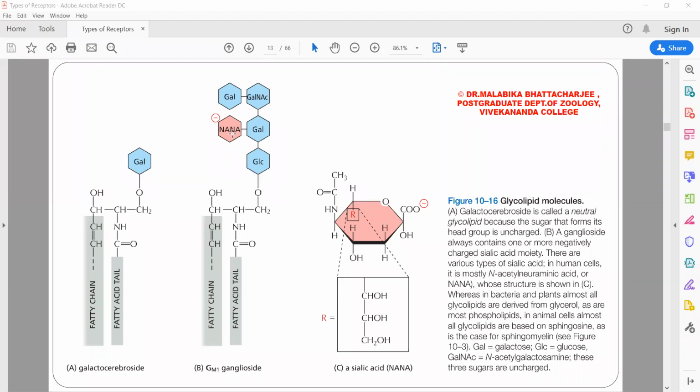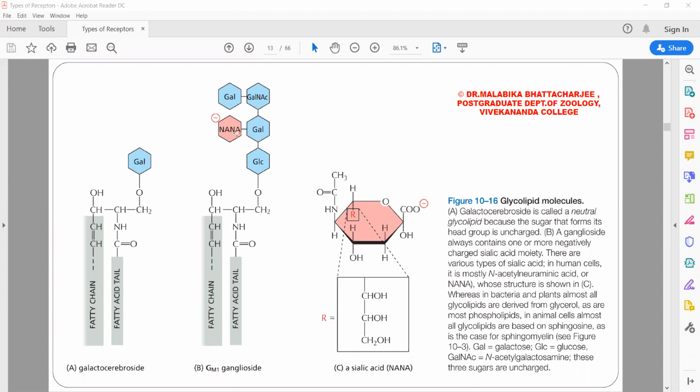So this is a big difference. The presence of sialic acid in our membrane helps the immune cells to identify the host membrane, or the self membrane, from the non-self membrane. Sialic acid is typically found in human membranes.